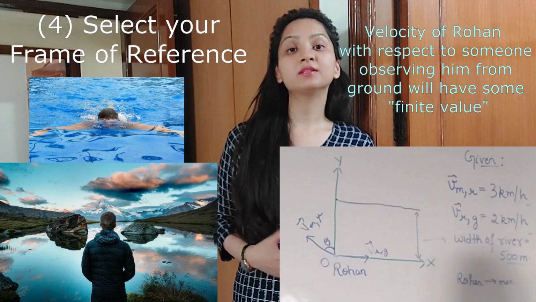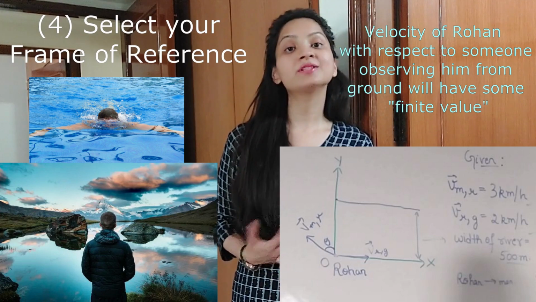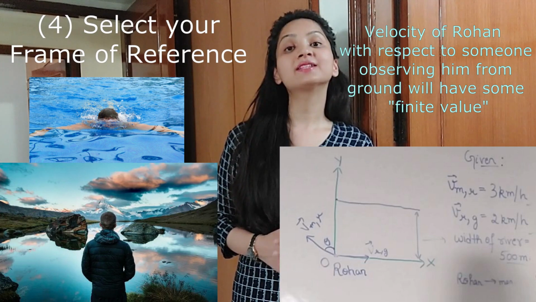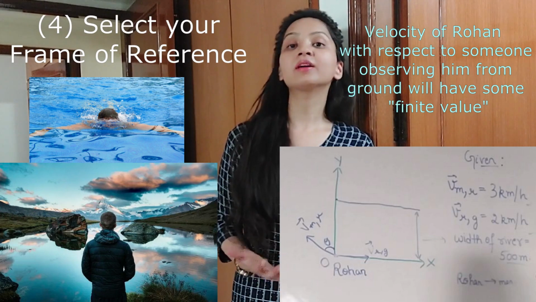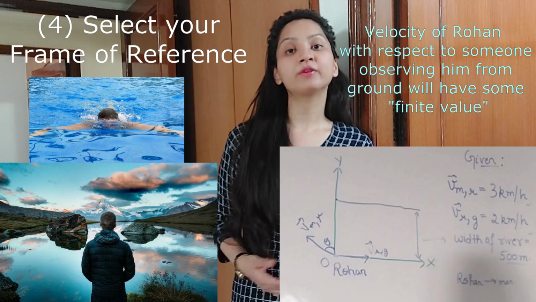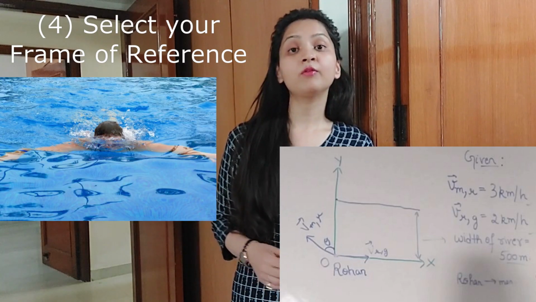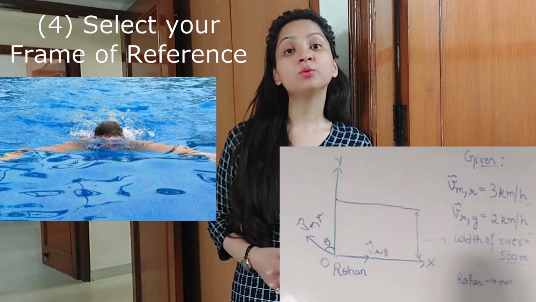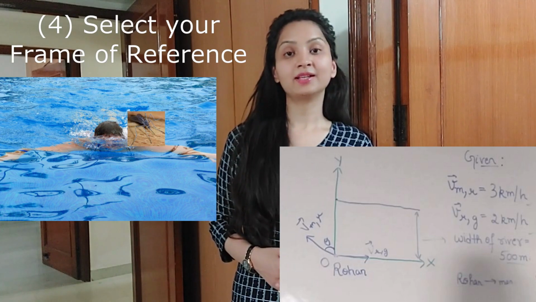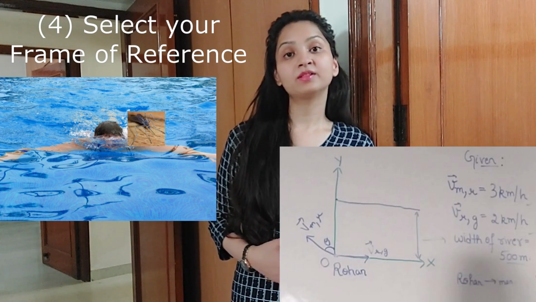What would be the situation as seen from his eyes? So the person who is standing on the ground, we are working in that frame of reference. Likewise, there can be other frames of reference. For example, a frame of reference may be attached to a mosquito that is sitting on Rohan's shoulder.